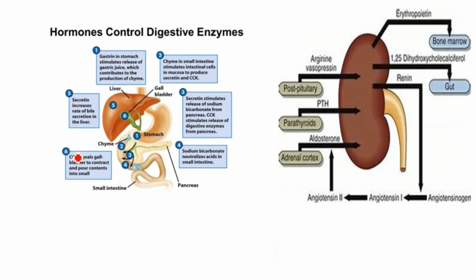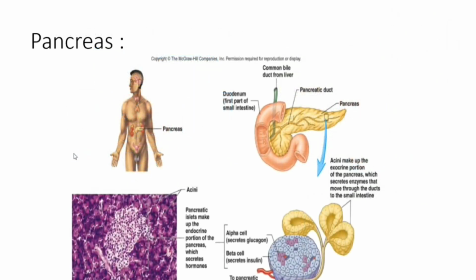Now we go to another endocrine gland, that is the pancreas. Pancreas, as we know, does both functions. It is an endocrine and exocrine gland. So for endocrine functioning, it has the islets of Langerhans present in the pancreas. Here, this one is the pancreas, as you can see.